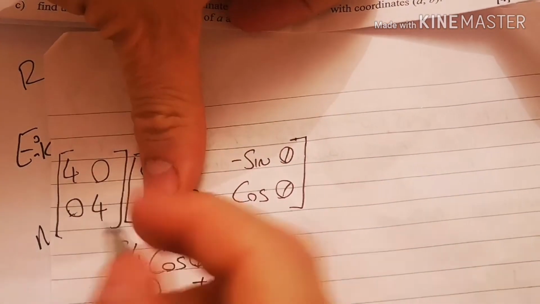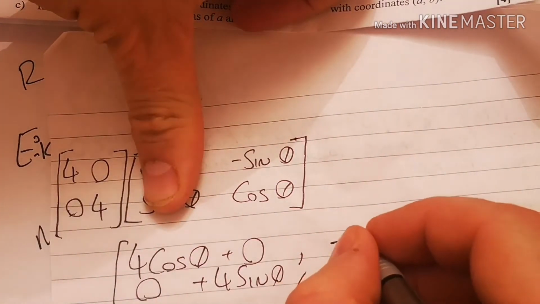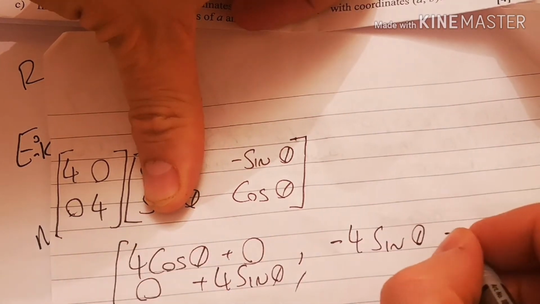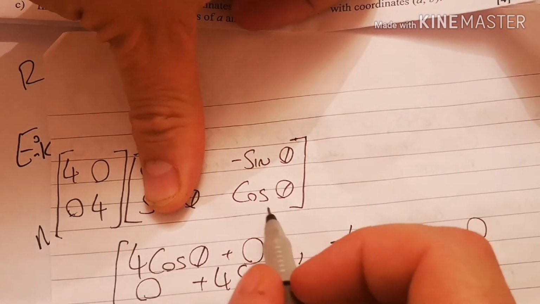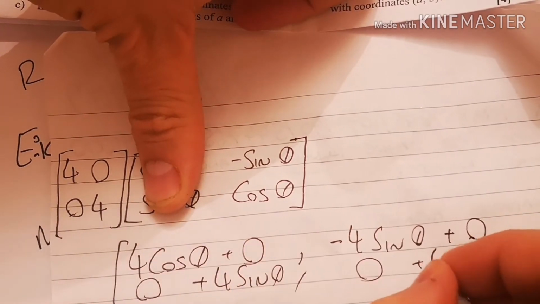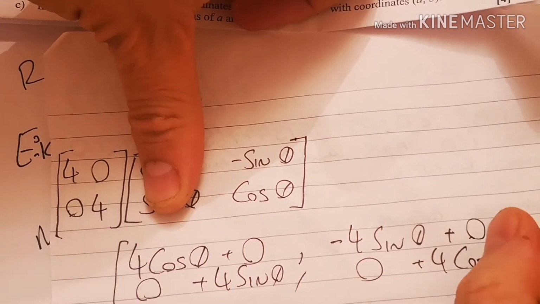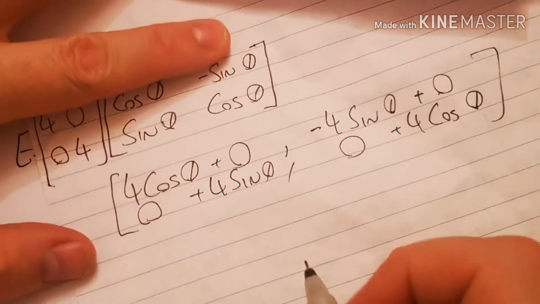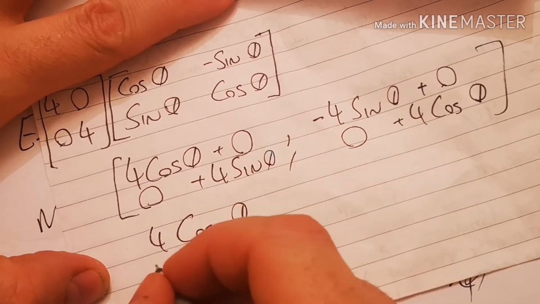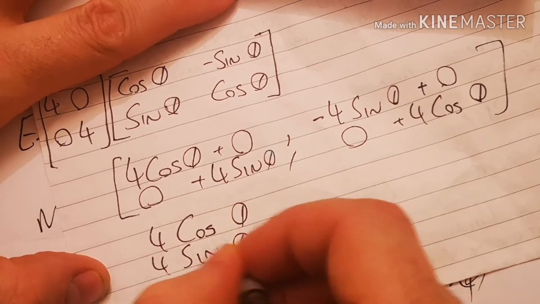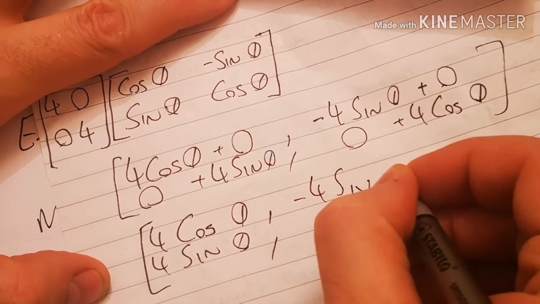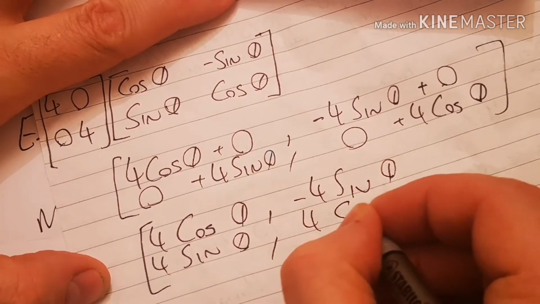Now if I look at my next one, I do 4 times minus sine theta, which is minus 4 sine theta, and 0 times cos, which is just 0. And I do 0 times minus sine theta, which is 0, 4 times cos, which is plus 4 cos theta. All my zeros cancel out, so I'm just left with 4 cos theta, 4 sine theta, and then minus 4 sine theta, and 4 cos theta.